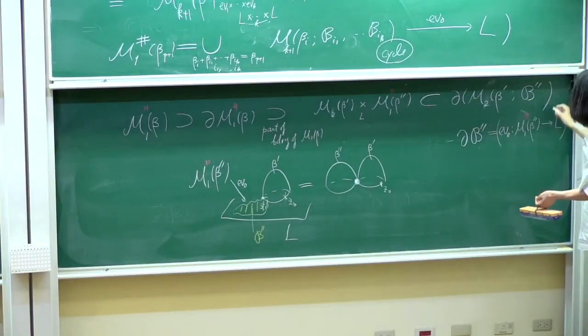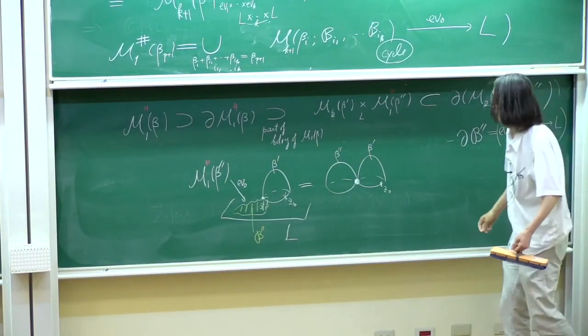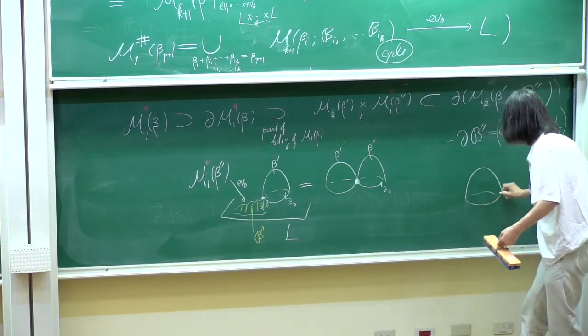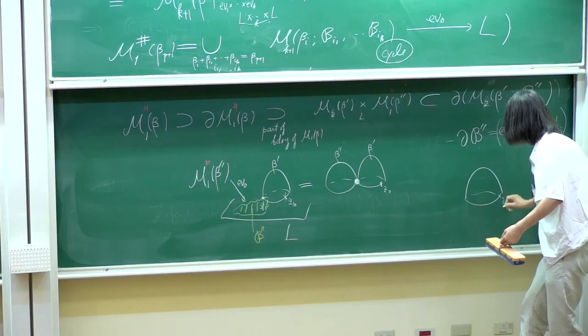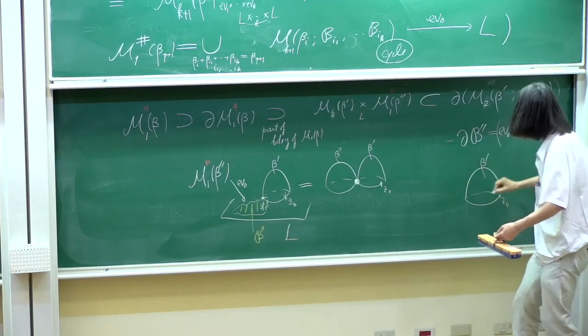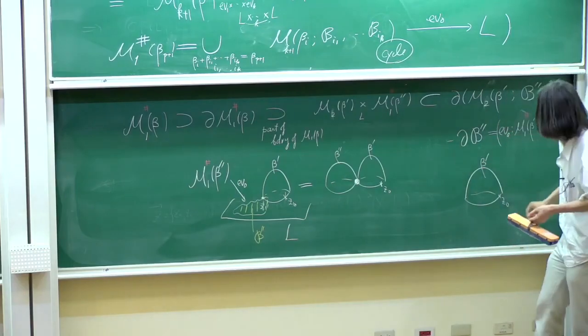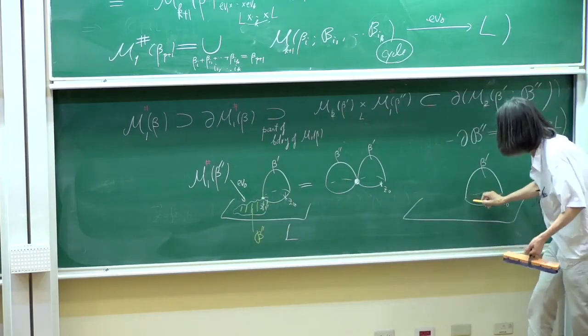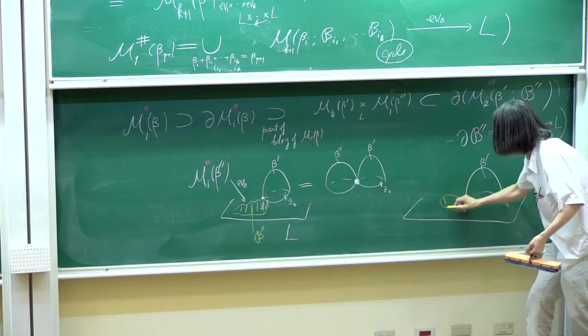Then you also find this as a boundary of these things. Okay? Because here you have a beta prime disk. And here I have some yellow one, right?